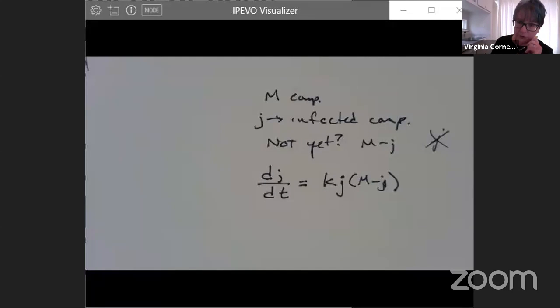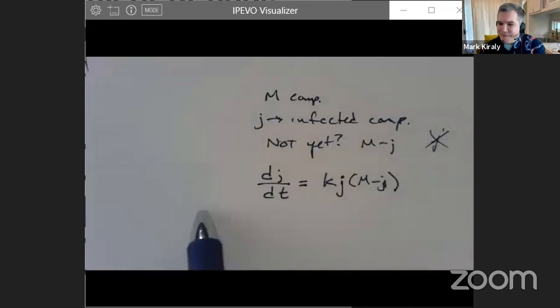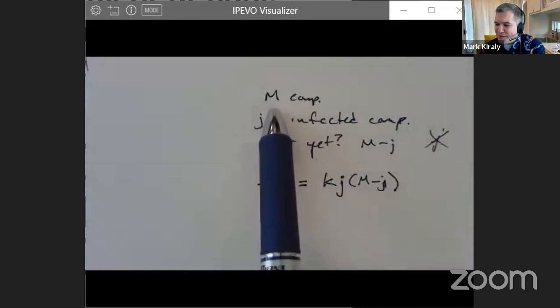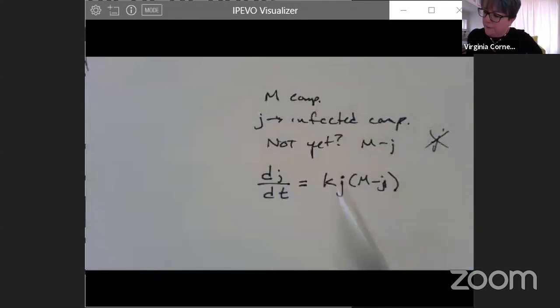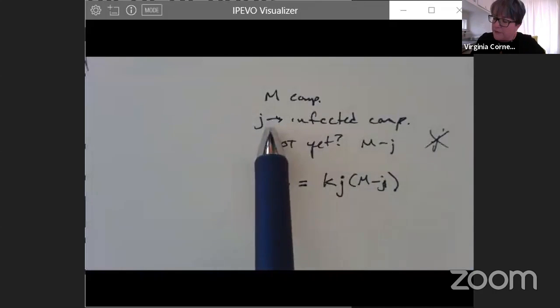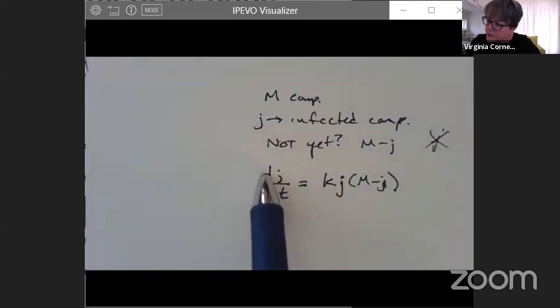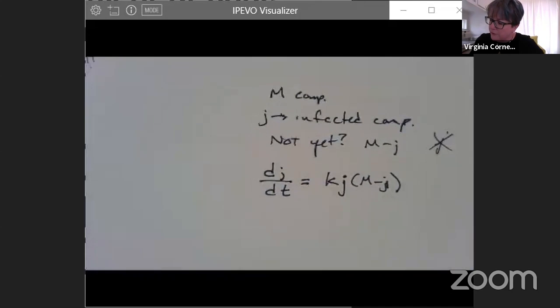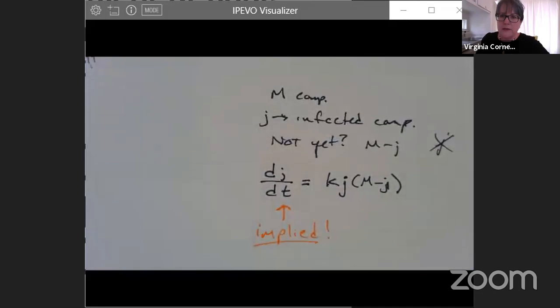All right. So let's see. Let's translate this. Suppose a virus is spreading. I was taking the notes as you were writing. So suppose there are M computers in the network. The rate of change in the number of infected computers is jointly proportional to the number of computers already infected, J. So the computers that are infected are definitely J. So J is the infected computers.